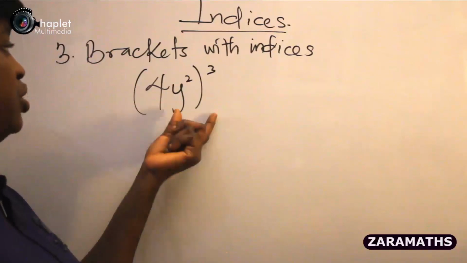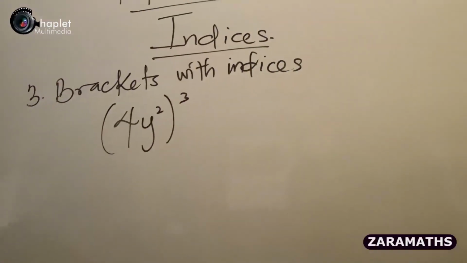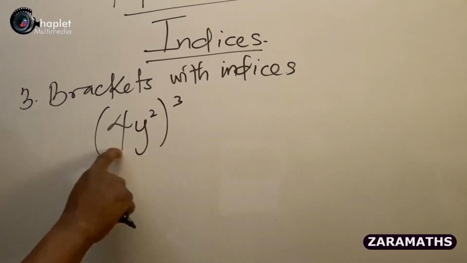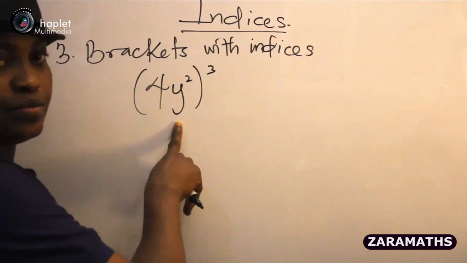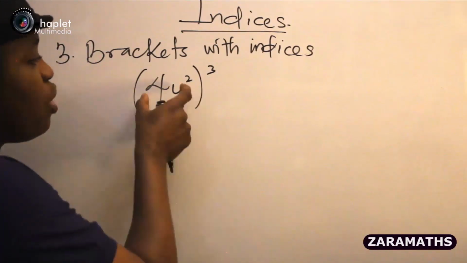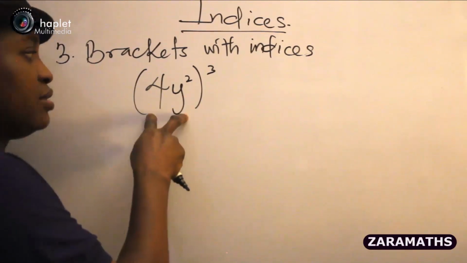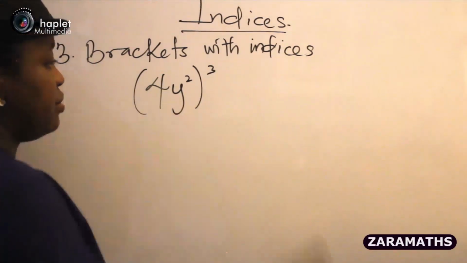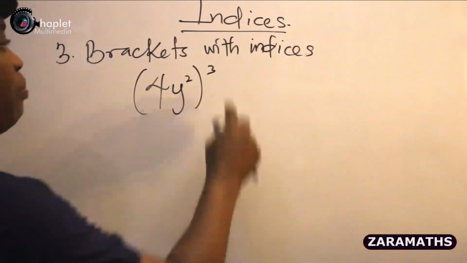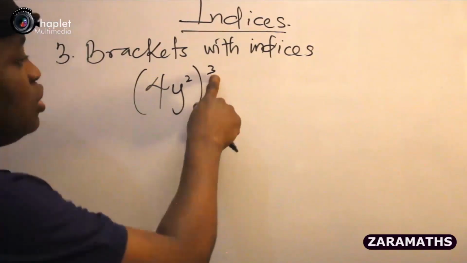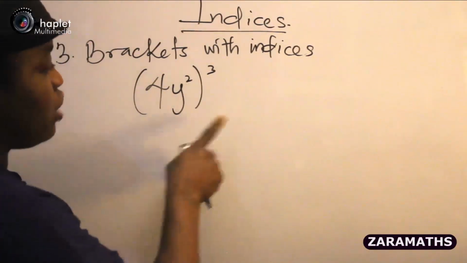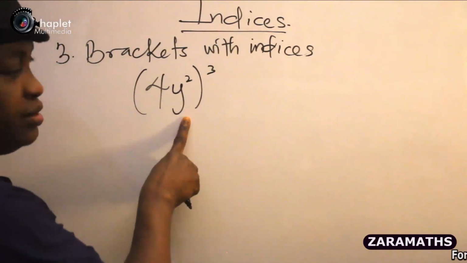Given this kind of expression, here you will discover that this is having a coefficient before the base. In this case, once this coefficient is in the bracket with the index, you are going to apply this power to the coefficient, then also apply it to the indices.